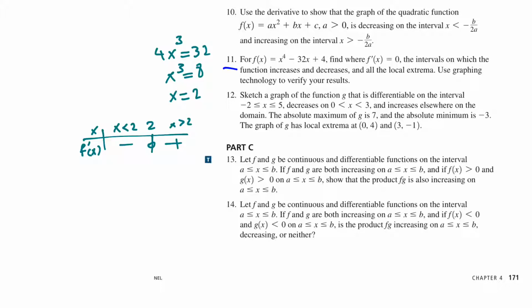Therefore, the function decreases for x less than 2, and it is increasing for x more than 2. The point (2, f of 2) is the local minimum on the graph of the function.